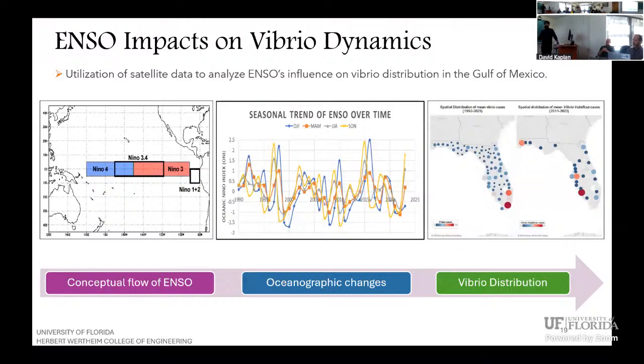So what's ENSO? It's the El Niño-Southern Oscillation. These three figures show how ENSO, which is an oceanic phenomenon in the Pacific Ocean over here, something happening over this region, is influencing Vibrio cases in this region in Florida.